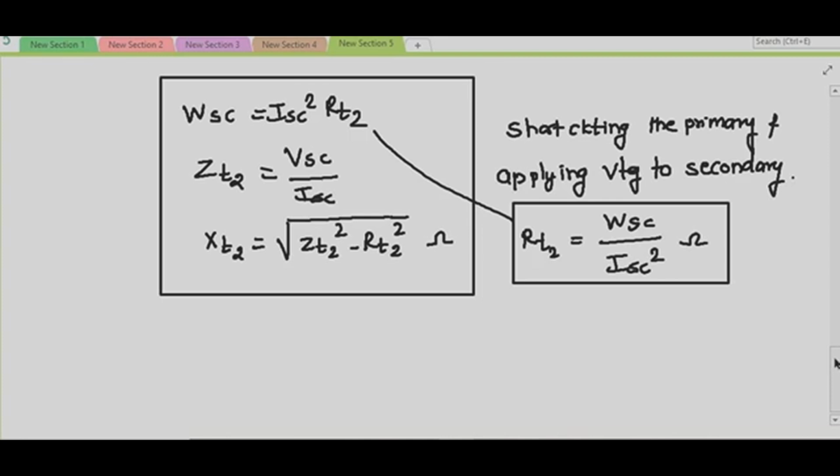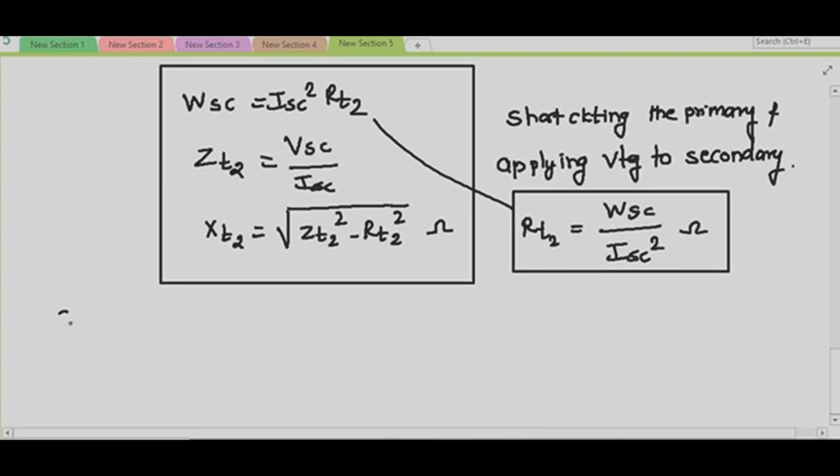Then now, what is our interest? Our interest is in finding out the efficiency and regulation of the transformer, right? So let us see now the calculation of efficiency from OC and SC tests.